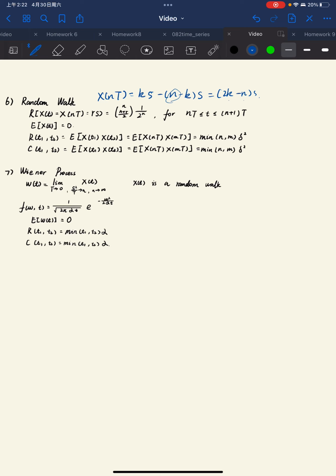First of all, the probability mass follows the same process.